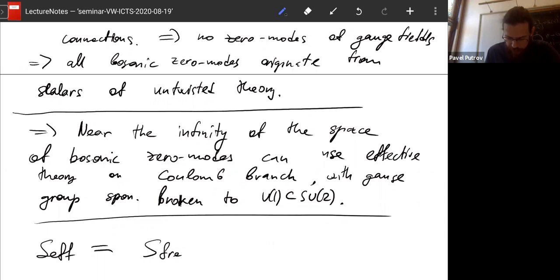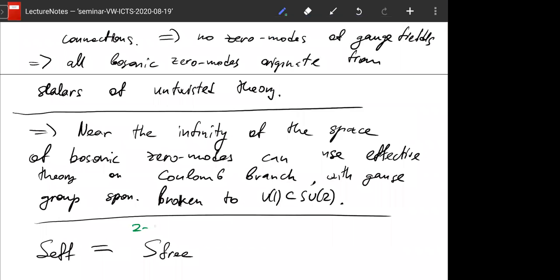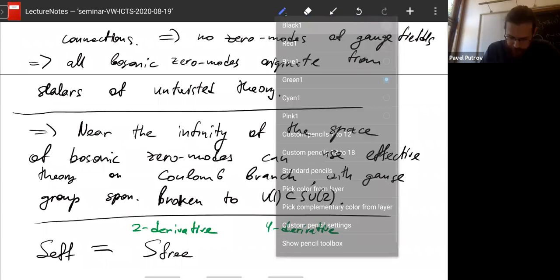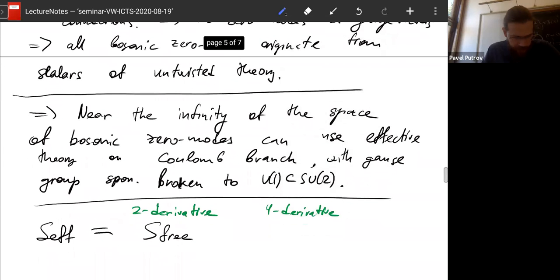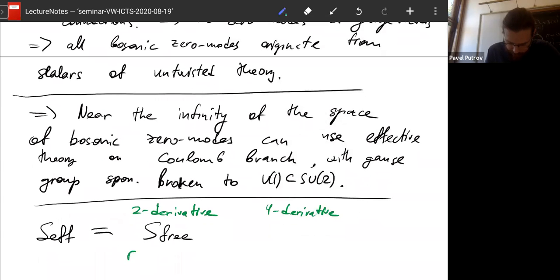This effective action has the following form. First, there will be the free part, which can be considered as a derivative expansion of the effective function. This is a two-derivative piece, and for us the four-derivative piece will also be relevant. The two-derivative piece is just a free U(1) N=4 Maxwell theory.